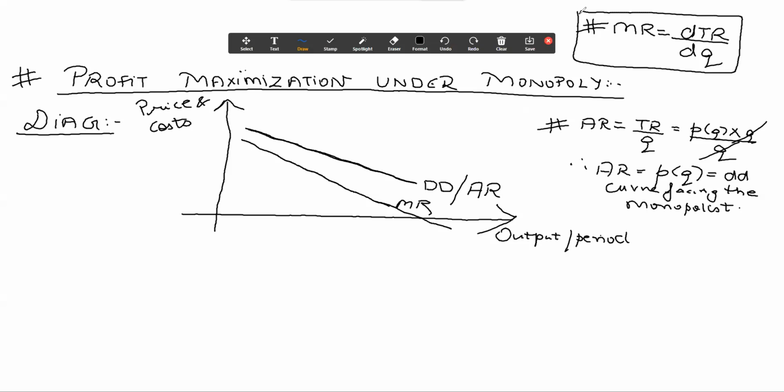Then we have the marginal cost curve. This is my marginal cost curve. Okay. And then all of us know, where will a monopolist produce? We have already done it.